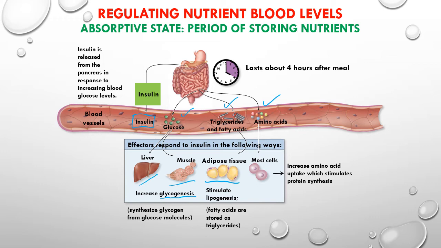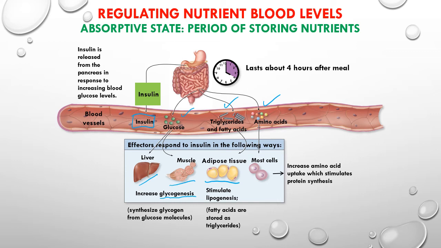Same thing goes for our amino acids and triglycerides. We're going to put those away in special places for our later use. And so when it comes to lipids, they're going to go into the adipocytes, and we're going to store them away as triglycerides there.